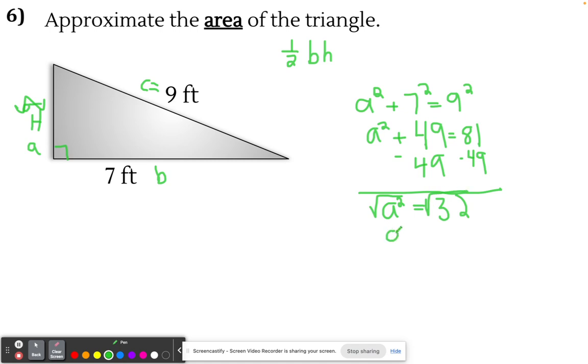And my A will be 5 point something, but I don't know what, so I'm going to take the square root of 32. It's .65 approximately. Actually, it would probably round to 5.66. It's a little closer to that, so I'm going to do approximately 5.66.